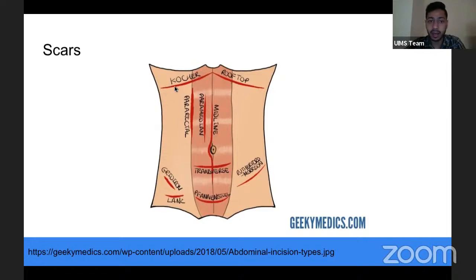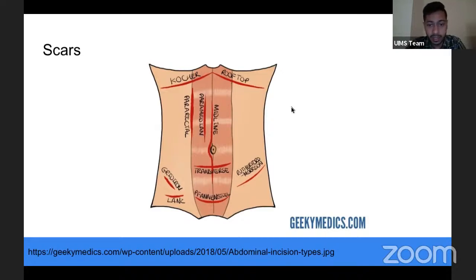If you make an incision along the right costal margin and also on the left costal margin, that is known as a rooftop incision. All of these are usually for complex HPB, hepatopancreatobiliary operations.